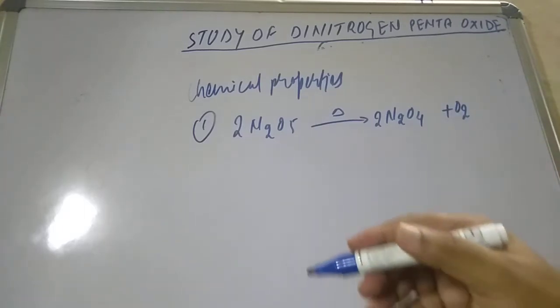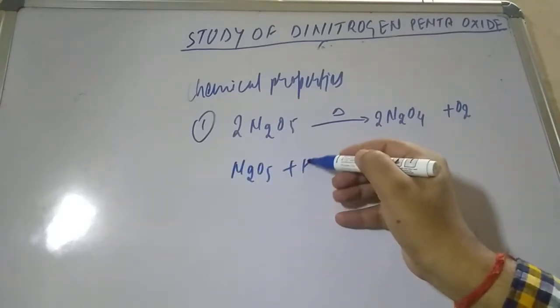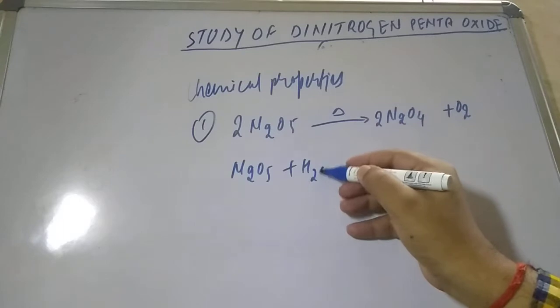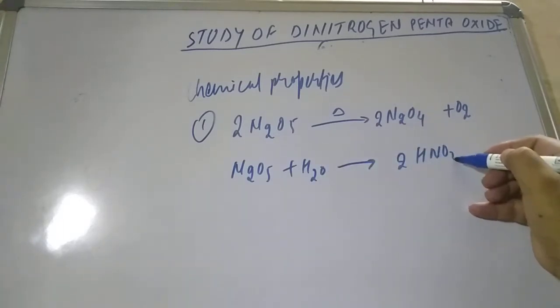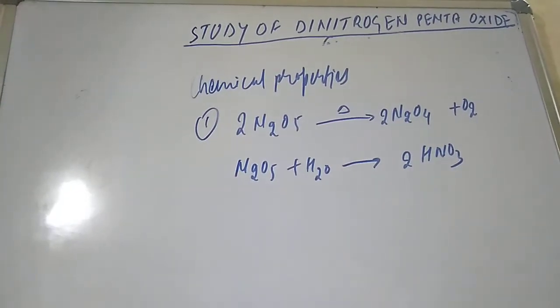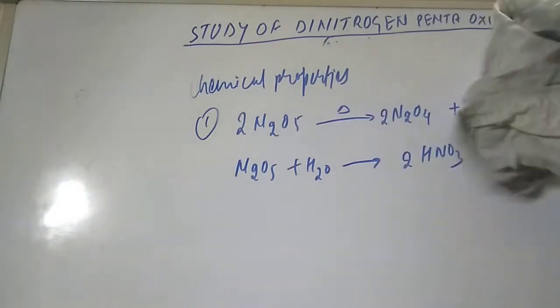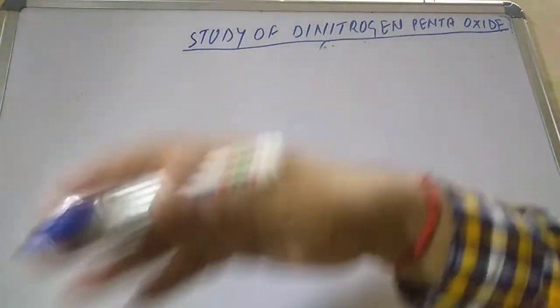Hydrolysis is also possible: if you treat N2O5 with water, it will give 2 mole of HNO3. These were the chemical properties of dinitrogen pentoxide. Now let us see the structure, which is quite important from the board exam point of view.